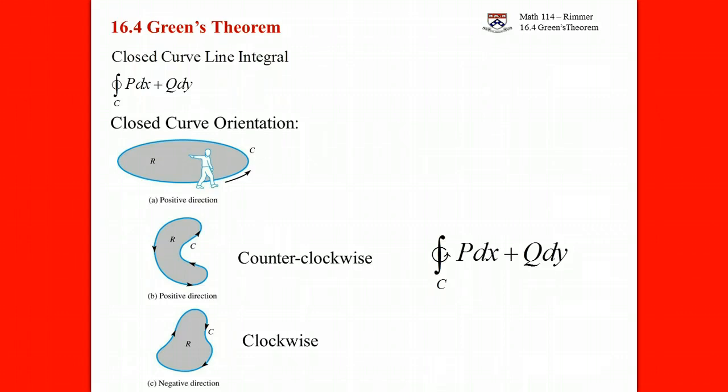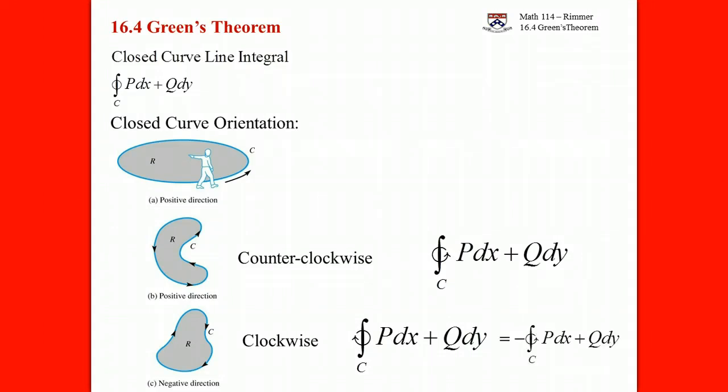And this other symbol, the clockwise circle, is the opposite of the other one, that's all. If you want to switch the orientation, you just put a minus and do it the other way, just like in Calc 1 when you had an integral that was backwards. You just flip it around and put a negative out front.